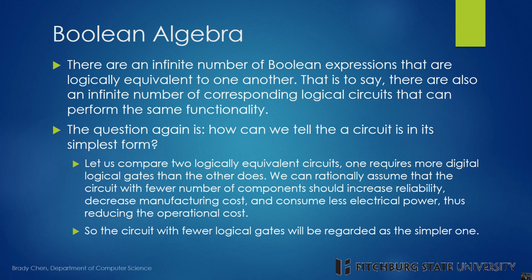This should increase the reliability, decrease the manufacturing cost, and consume less electrical power. Thus this is going to reduce the operational cost. So if you have two circuits and one has fewer components, we believe that circuit is better than the other one.